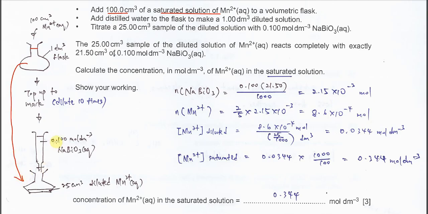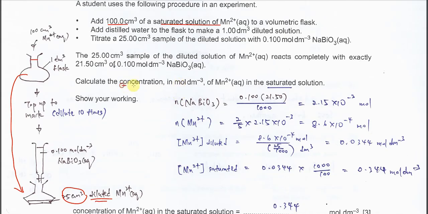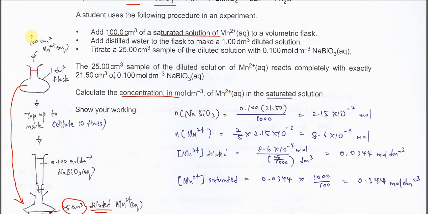So use the 0.1 mol per dm³ of this salt solution, titrate with this manganese(II) solution. So again, 25 cm³ of diluted manganese(II) solution is used, from the preparation just now. And the question now asks, calculate the concentration of the manganese(II) in the saturated solution, meaning this one.